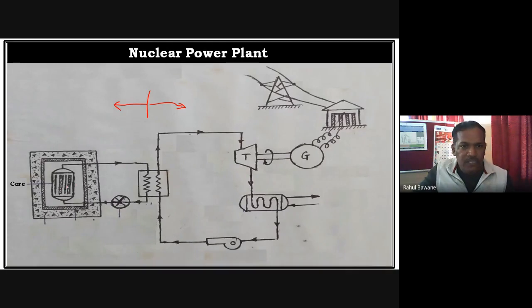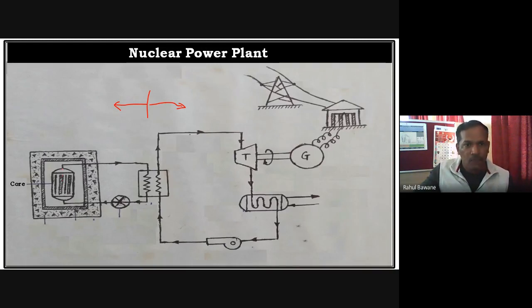And when fusion takes place, tremendous heat is evolved. So this core will melt, so we have to cool it down. So we supply a coolant. What is the role of the coolant? When the coolant passes through this core, it extracts the heat of that fusion.